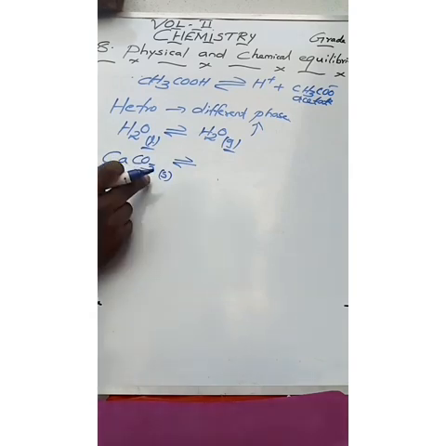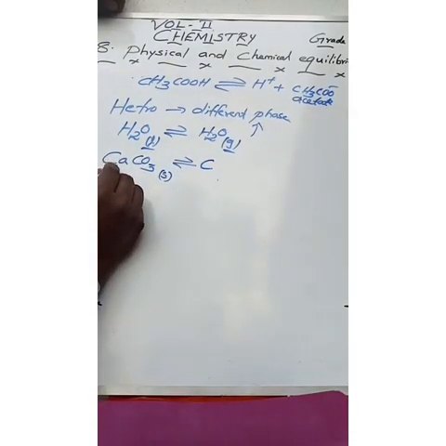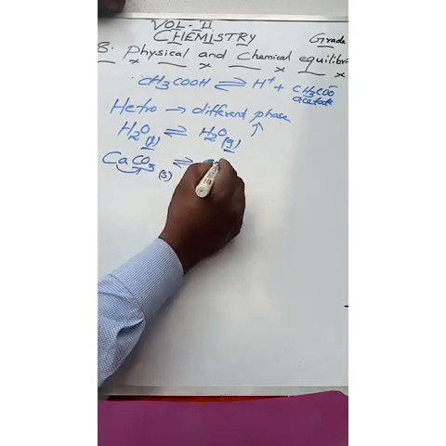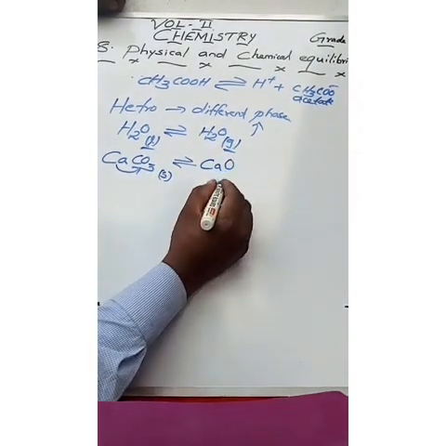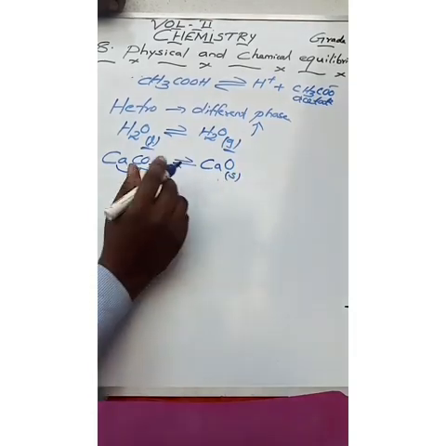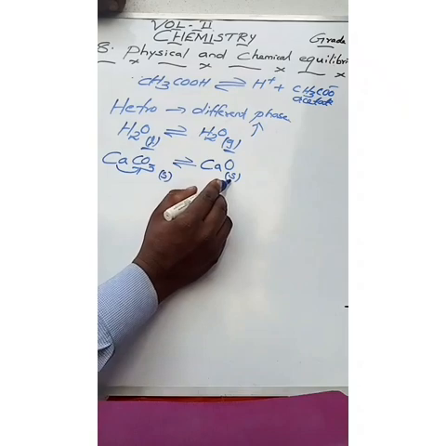Don't forget that calcium carbonate is a solid. In both the forward and backward reaction, calcium combines with one oxygen and we get calcium oxide. What's the formula? CaO. This is also in a solid state.